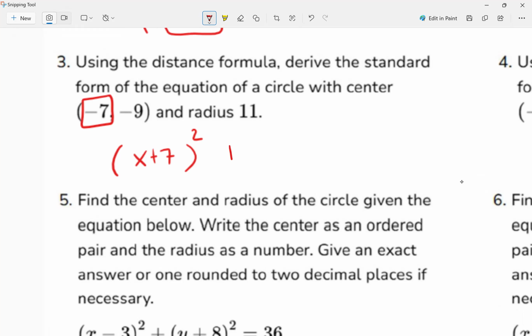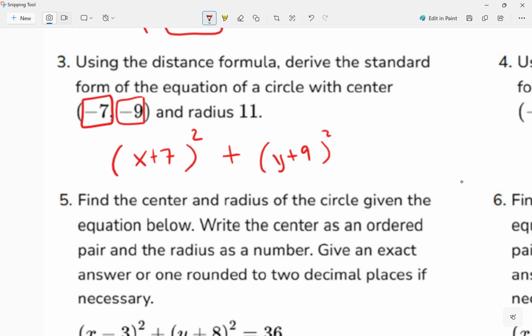And then I'm going to add. So that's going to give me a U shape. Then I'm going to think of another parenthesis here to the second power because that gives me another U shape. And then my y value is a -9. So I'm just going to go y plus 9. Remember, I go opposite signs.